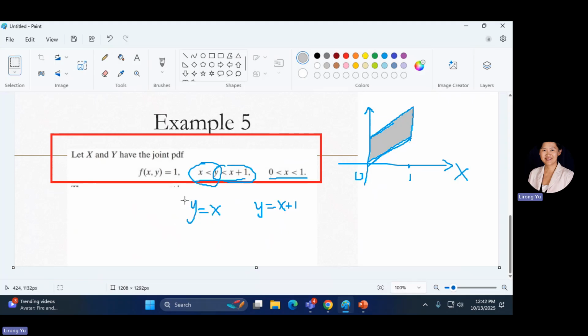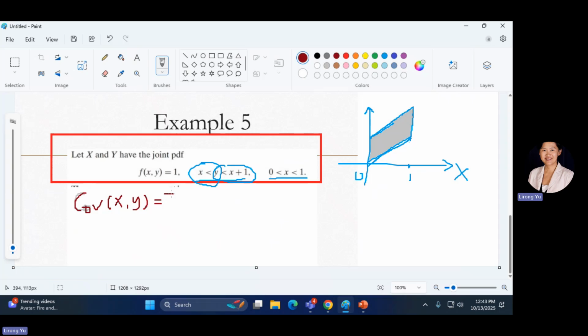So if we wanted to find the covariance between x and y, we will need to find the expectation of x times y minus the expectation of x times the expectation of y. So I'm going to try to find all three.